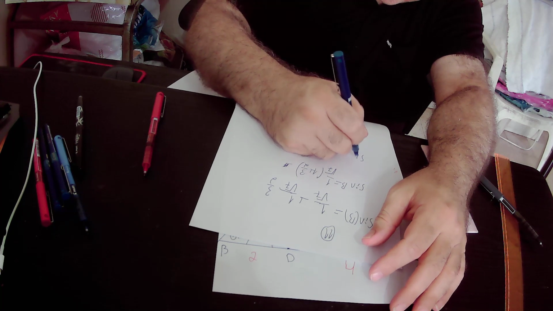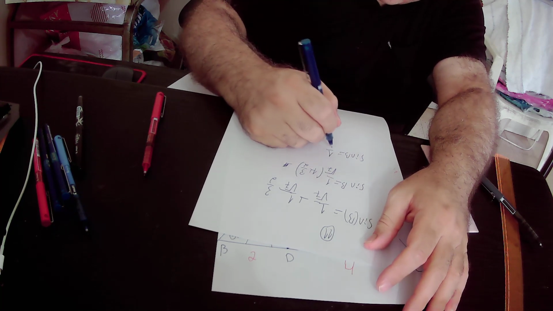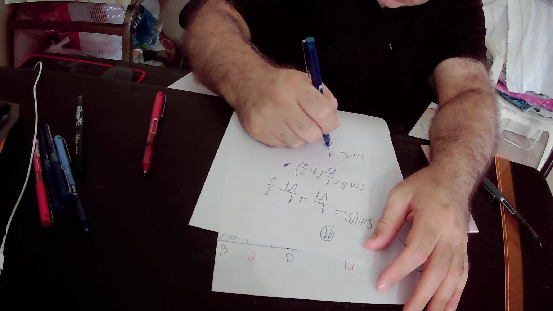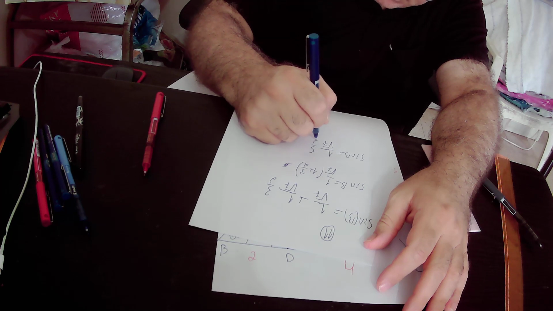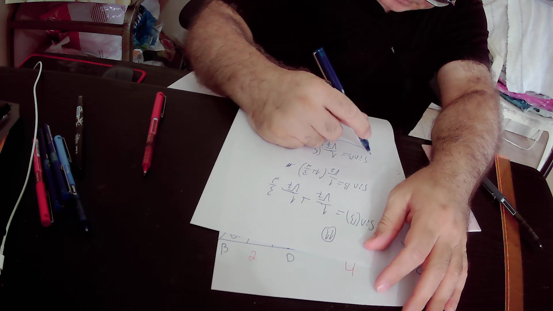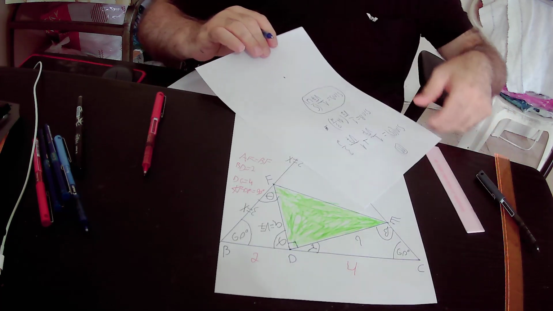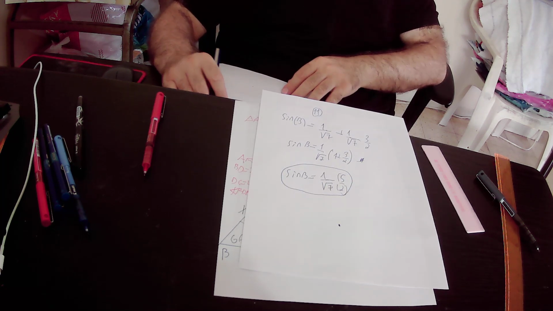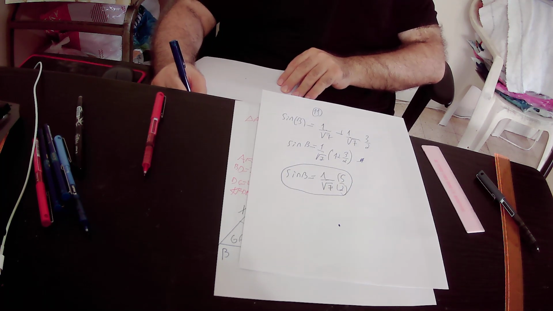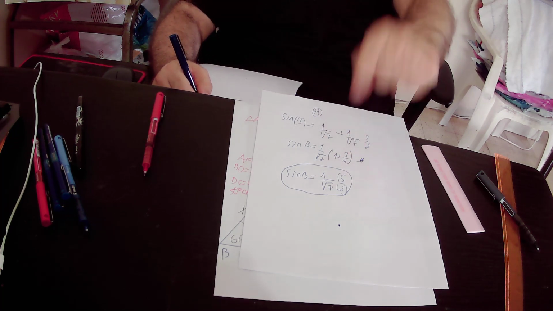We will get that sinus beta equals 1 over root 7 times 5 over 2. Okay, so we found the value of sinus beta. Sinus beta equals 1 over root 7 times 5 over 2.